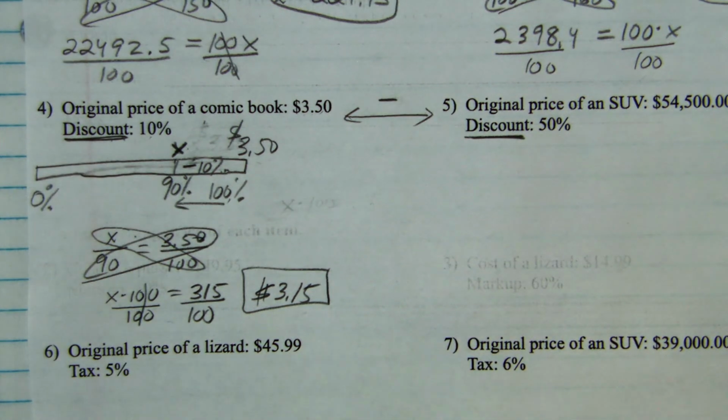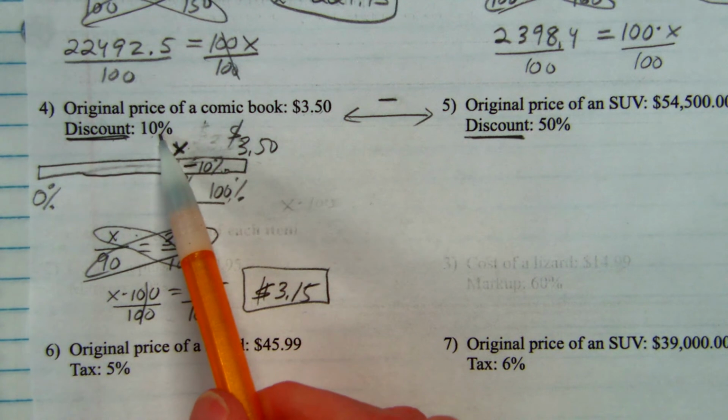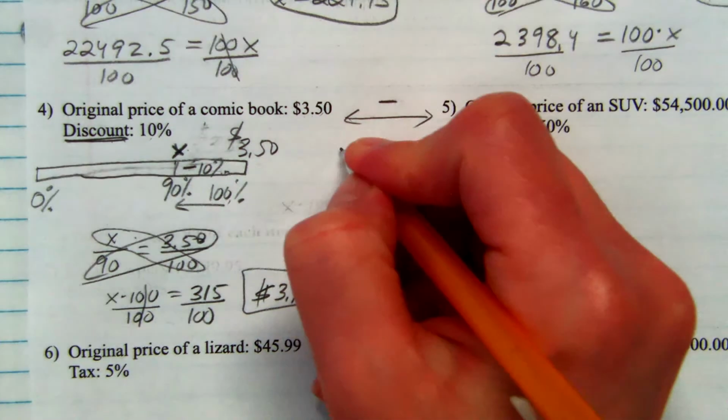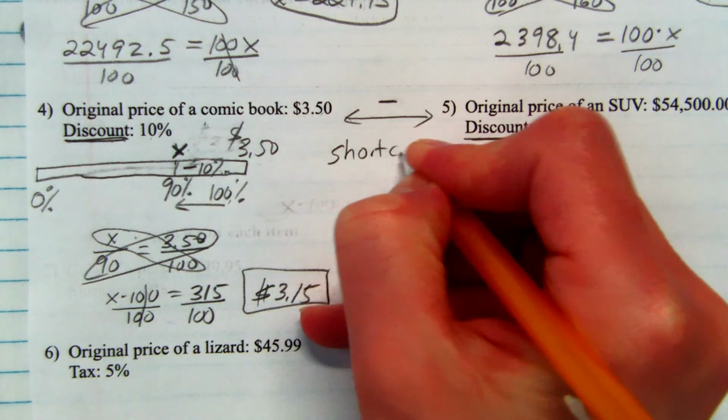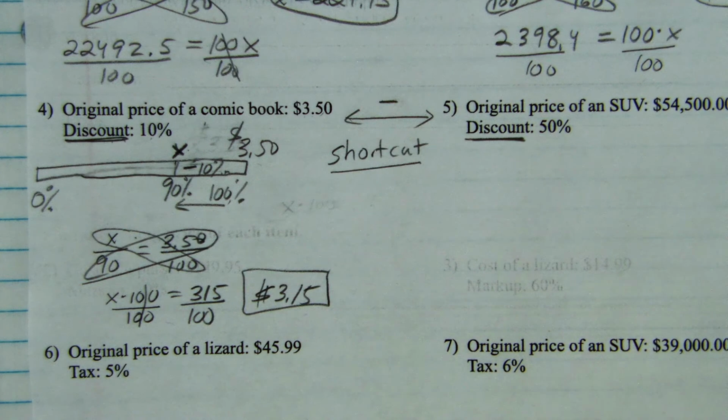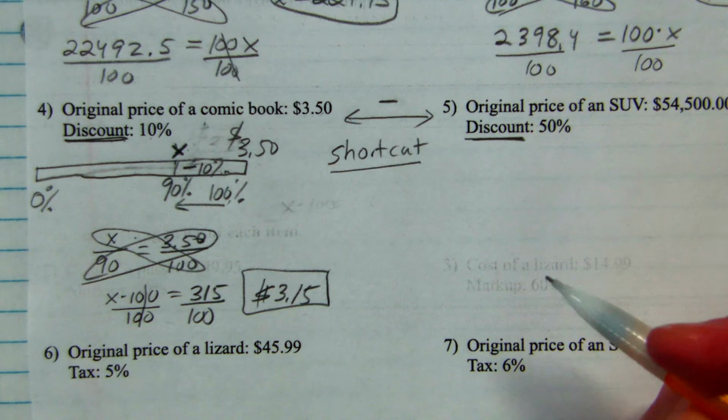Now, we've been talking in this class a lot about shortcuts with 10%. There is another way that you could have done this. So I'm going to write shortcut here, and I have a little bit of room between the problems. If you don't, you could just watch, or you could write this on the bottom of your practice page if you wanted to.